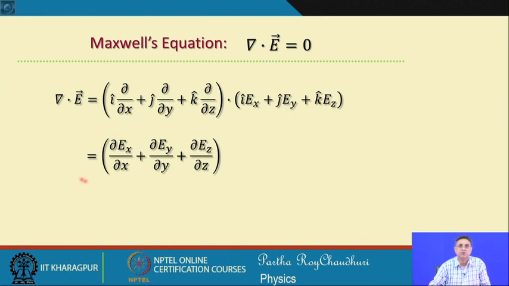As a result, we will obtain ∇·B equal to ∂B_x/∂x + ∂B_y/∂y + ∂B_z/∂z.